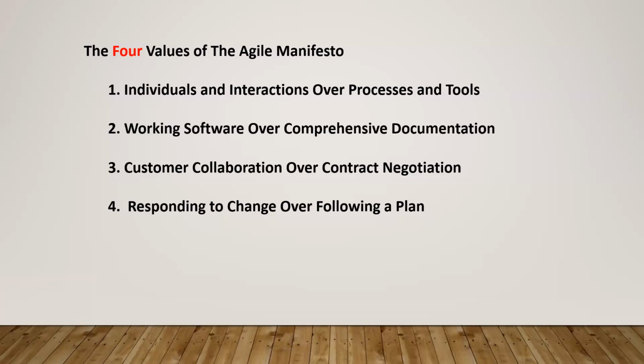So those negotiation things should be minimal. Agile is not saying you should not consider them at all. It is saying that the role of contract negotiation should be minimal and customer collaboration should be maximum.